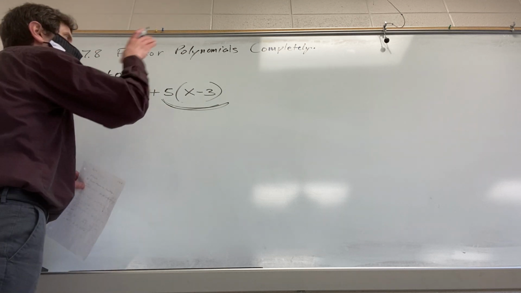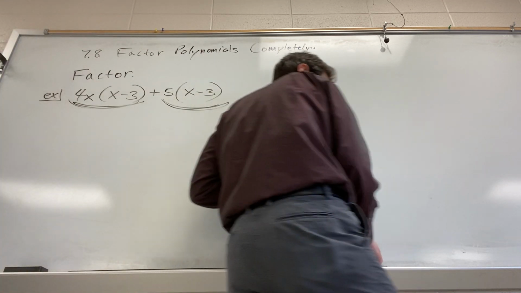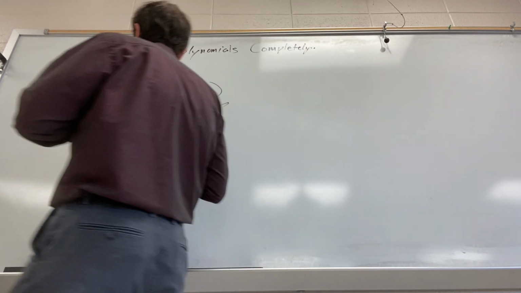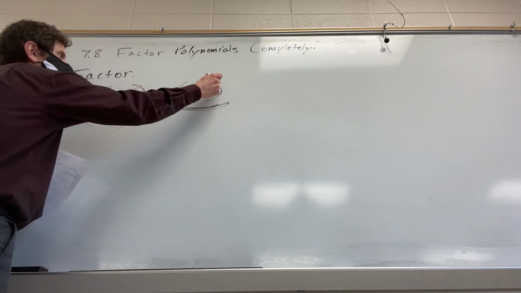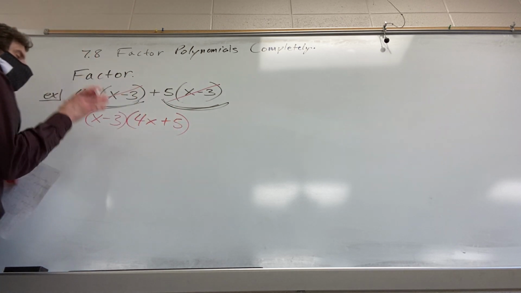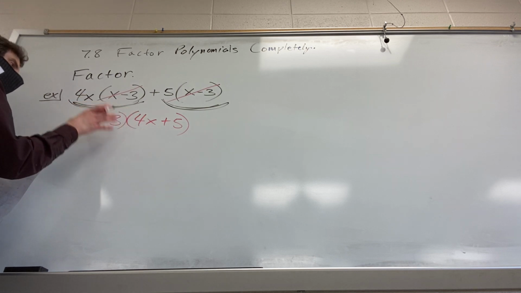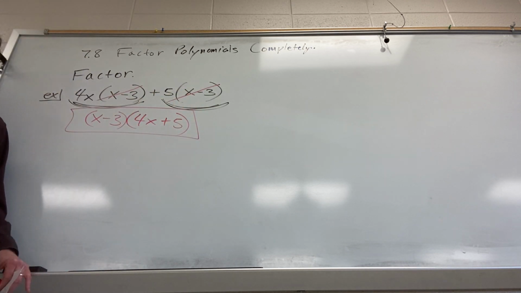If this has an x minus 3 and that has an x minus 3, we can factor out the x minus 3. And what does it leave behind? 4x plus 5. And that looks factored. They're multiplying together. So, kind of interesting, huh?